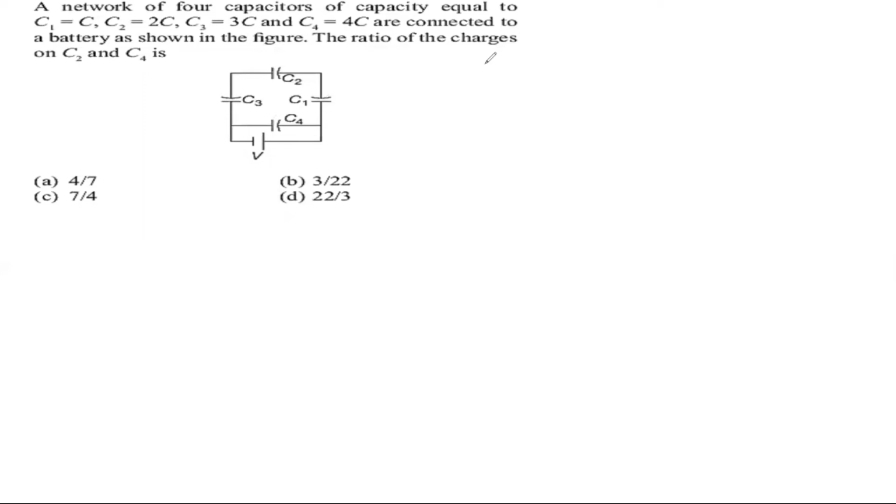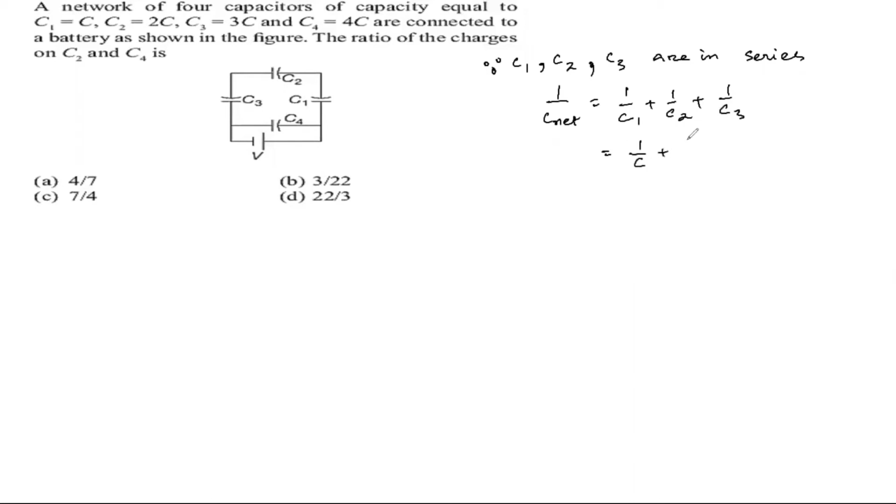Now since C1, C2, and C3 are in series, we are going to use our series formula, which is 1 by C net equals 1 by C1 plus 1 by C2 plus 1 by C3, which is 1 by C plus 1 by 2C plus 1 by 3C.